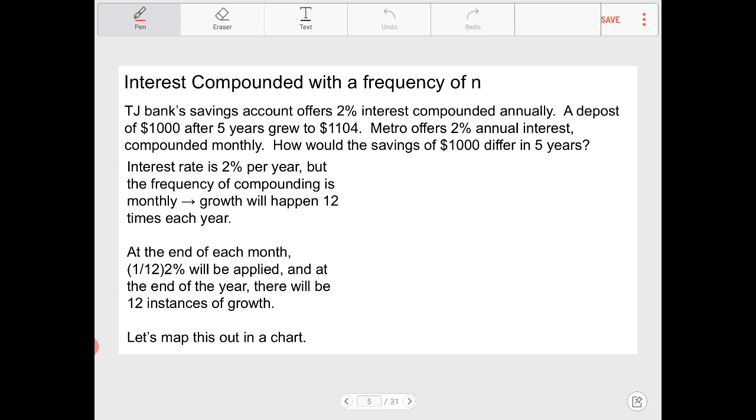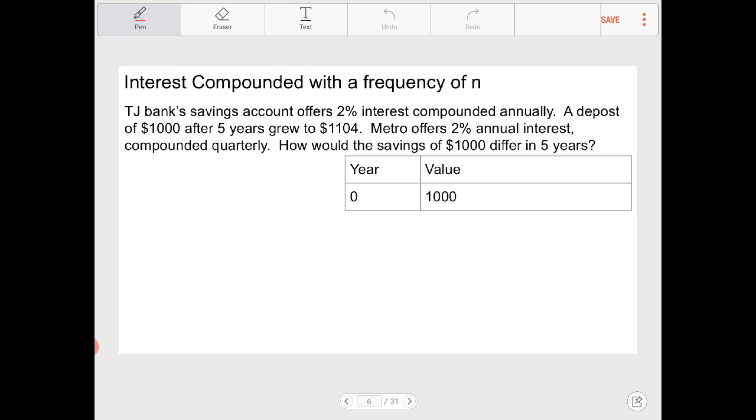So let's try to map this out on a chart like we did in the previous video. At the very beginning of the year, we will have $1,000 at Metro Bank. By the end of the first year, we will have collected 1,000 times... Remember, this is going to be our new rate.